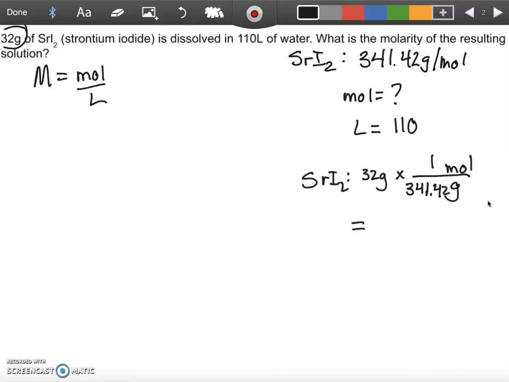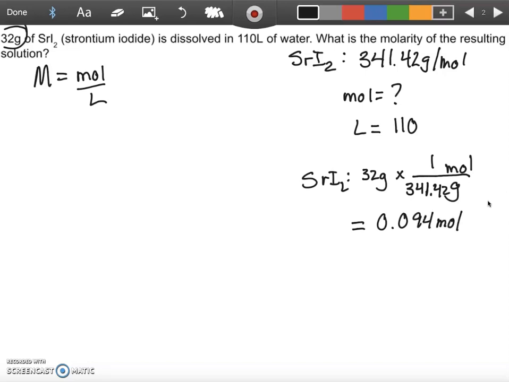Continuing the work right down below, that's going to be 32 divided by 341.42, and we get two significant figures, so 0.094 moles.